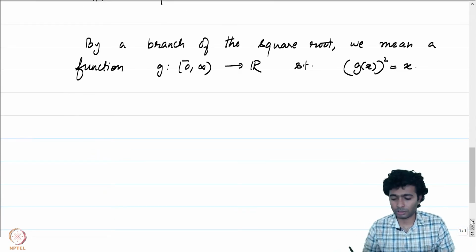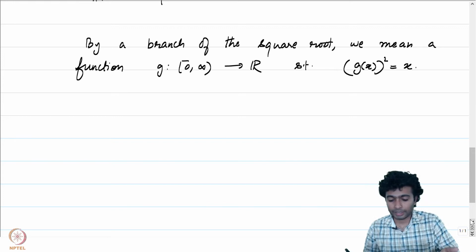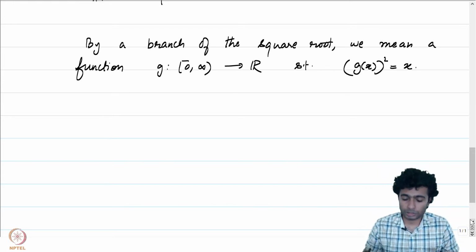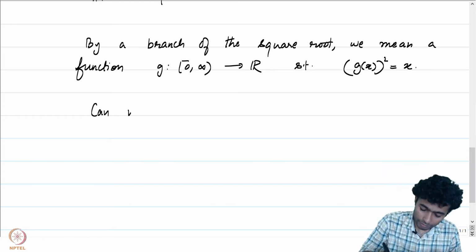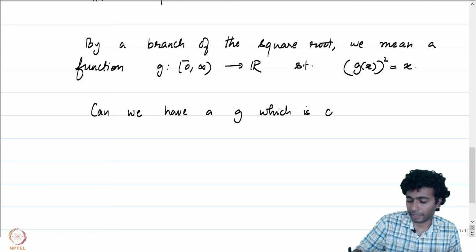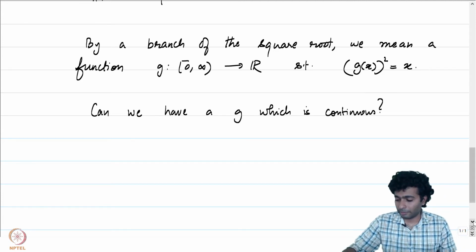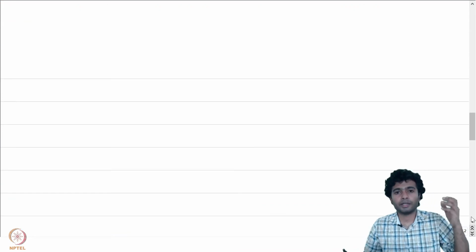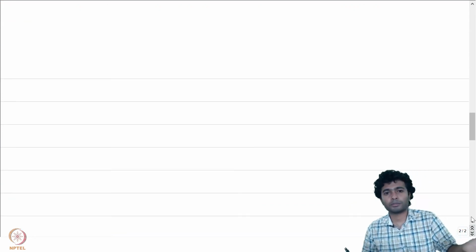The question was, what is the regularity assumption that we can impose on g? Can we have g which is continuous, for example? That is the least that we can ask, isn't it? And we did manage to arrange for this by demanding that we always pick the positive square root.